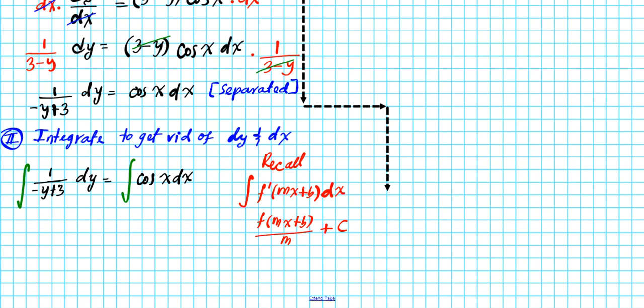We know the derivative of the natural logarithmic function is 1 over u, right? So when I integrate the outer function here, I'm going to end up with the natural logarithm of, don't forget, the absolute value of negative y plus 3, and I'll divide by the slope of this inner linear function, which is negative 1.